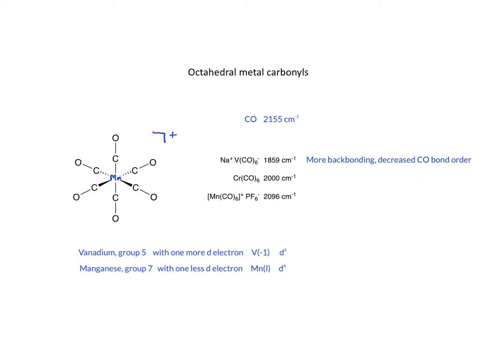In this case, with a positive charge on the metal center, the d electrons are held closer to the metal, are less available for back bonding. As a result, the carbon monoxide ligands have increased bond order, and this is revealed by the IR stretch of 2096 wave numbers, which is closer to a bond order of 3.